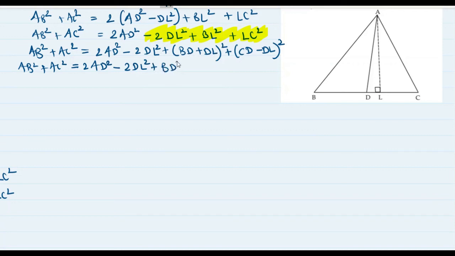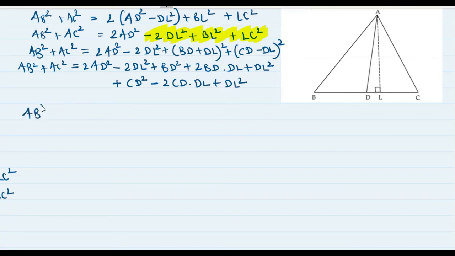I'm going to write it as BD square plus 2BD into DL plus DL square plus CD square minus 2CD into DL plus DL square. Okay, hold on, it's almost done.